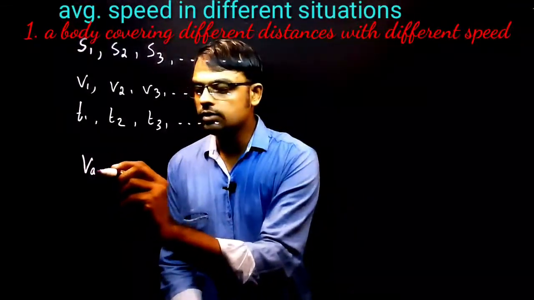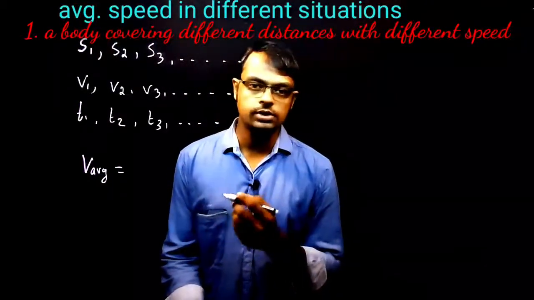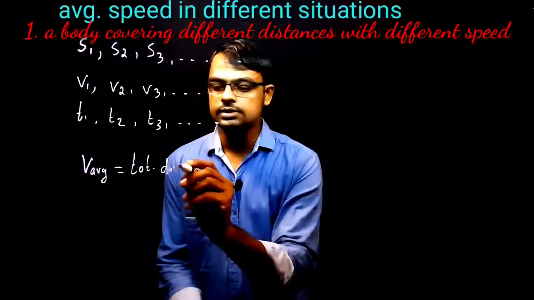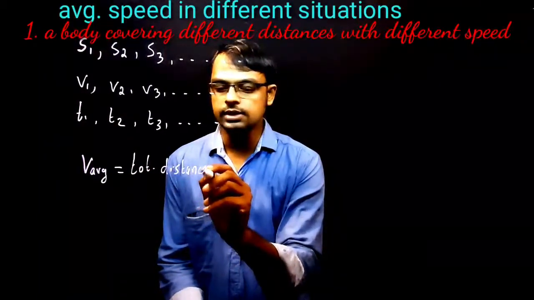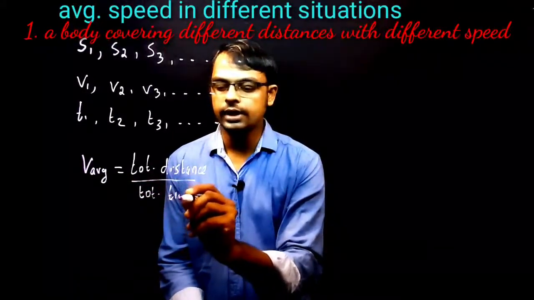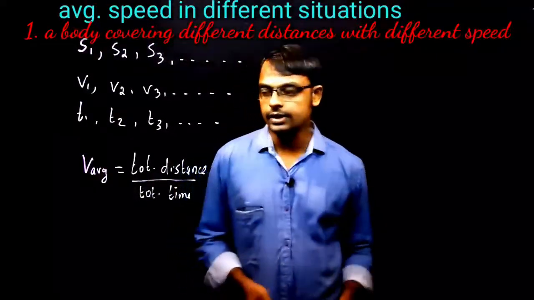V average is equal to, by the basic formula we have just discussed, total distance divided by total time taken.